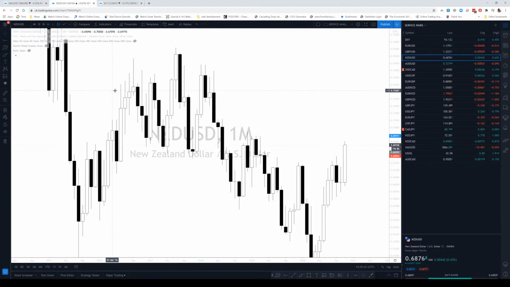On the monthly time frame, this is where I would expect to see NZD before end of the year, or probably by January. That's where I would expect NZD to be at. Okay, so you're looking at, let's call it 7,000 and almost 771. So we've got room to the upside.